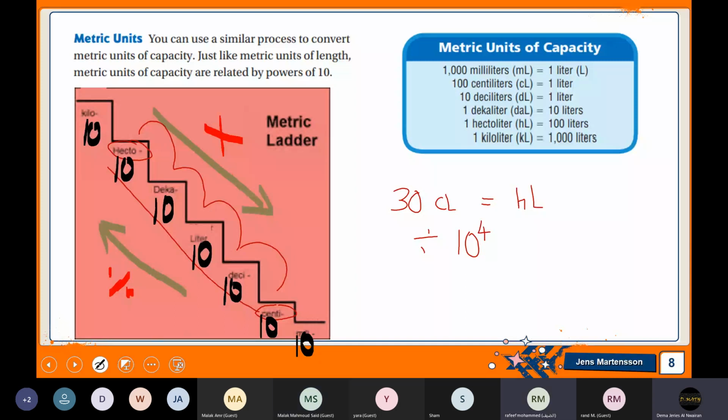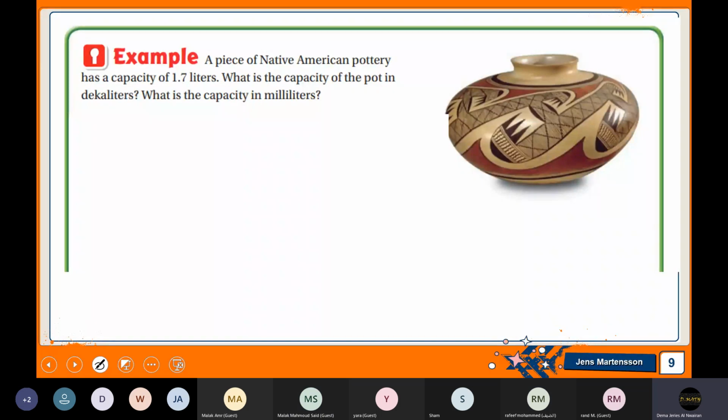Let's have now these examples. All of you, please open your book, page 322. A piece of Native American pottery has a capacity of 1.7 liters.